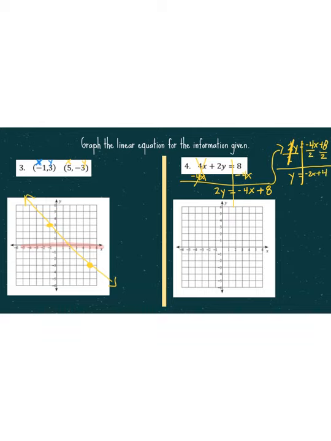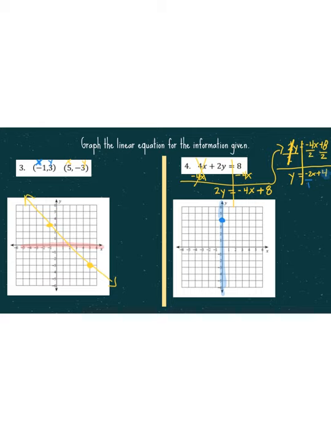Okay, so if you remember right, our b is our starting value. So we want to start with that +4, and that's going to be on our y-axis. So I'm going to find that and put a dot. Then our x is our slope. If there's no number under your slope, it's just a -2, I can stick a 1 under it, and that tells me how many I go to the right.